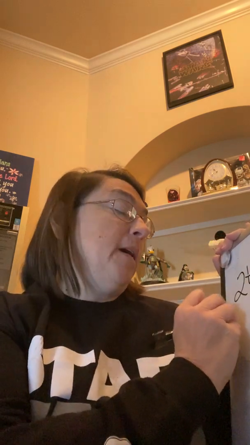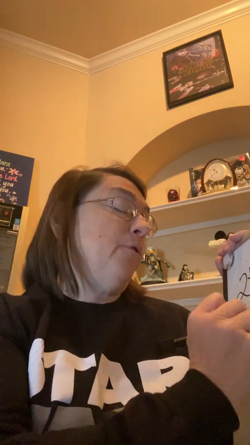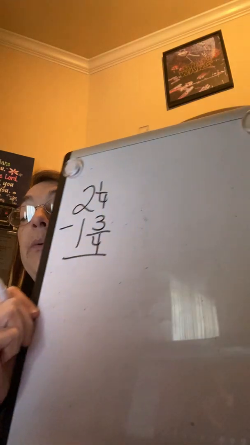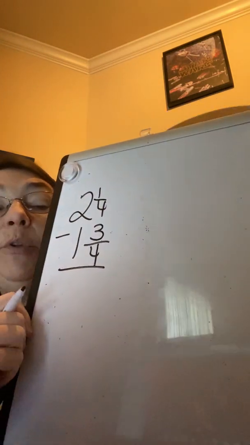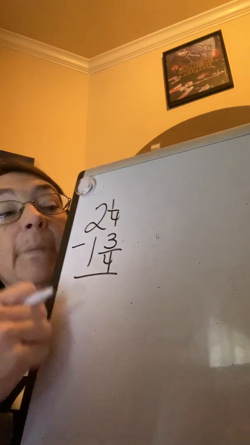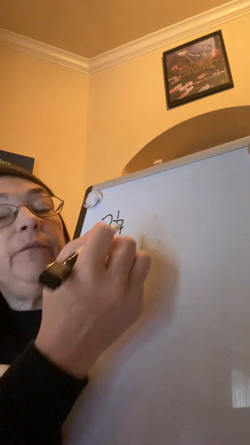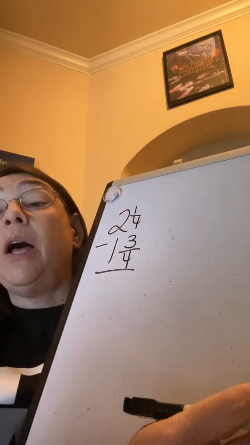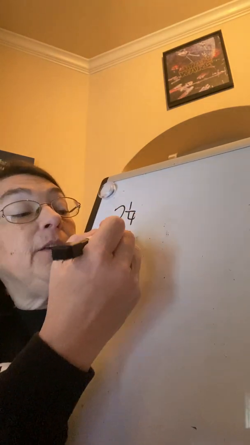All right, so it says 2 1/4 minus 1 3/4. If you don't understand the drawing, it's okay because it gives you the problem. I'm looking at number 6 on page 509. Can I take 3 from 1?